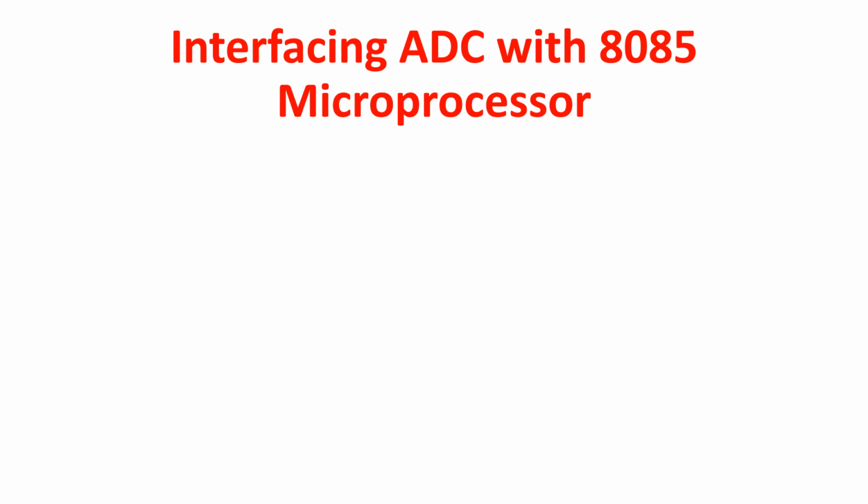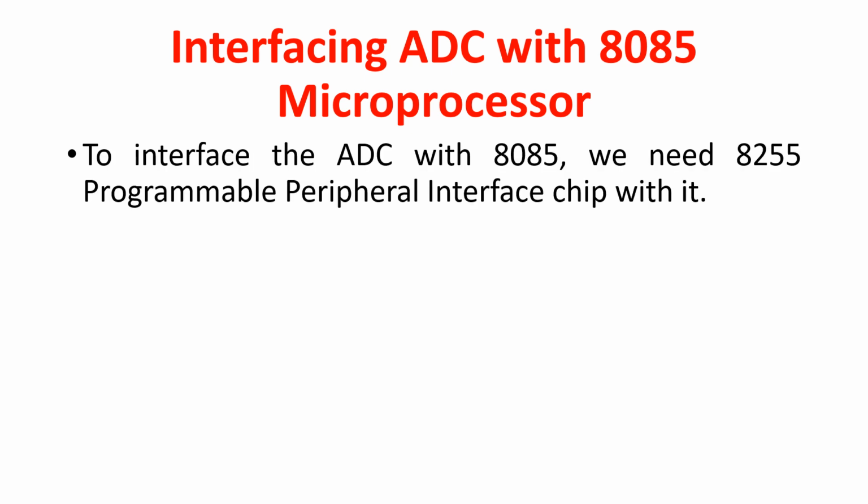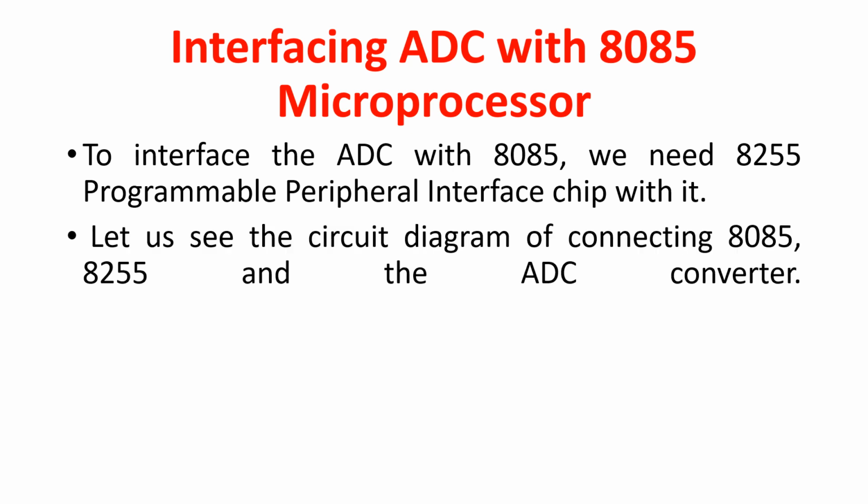Interfacing analog to digital converter with 8085 microprocessor. To interface the ADC with 8085, we need the 8255 programmable peripheral interface chip with it. Let us see the circuit diagram of connecting 8085, 8255 and the ADC converter.